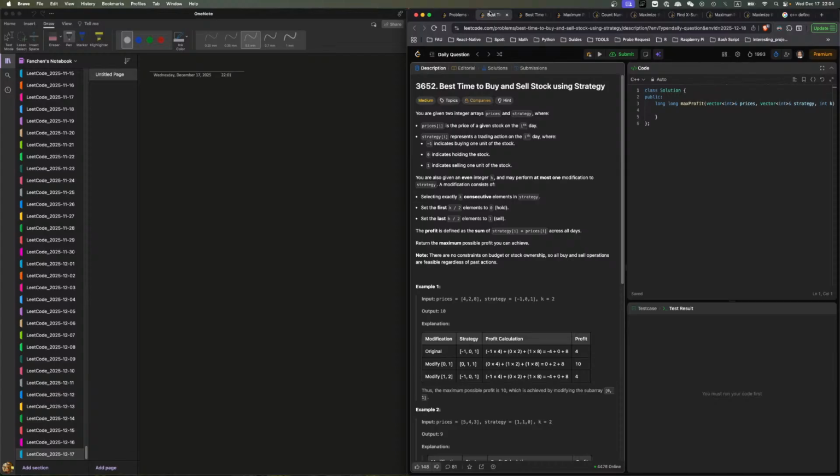So basically we just want to know how to change it to make the sum maximum, right? And you can do k consecutive elements, so we're looking at a sliding window, I think. So we just slide the window over the whole thing.